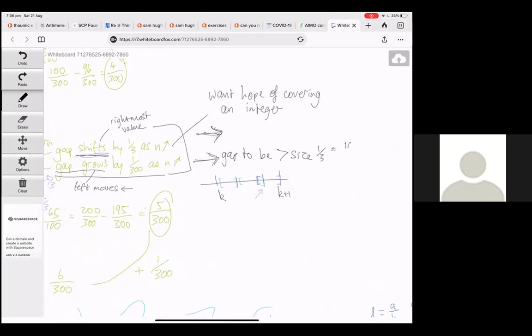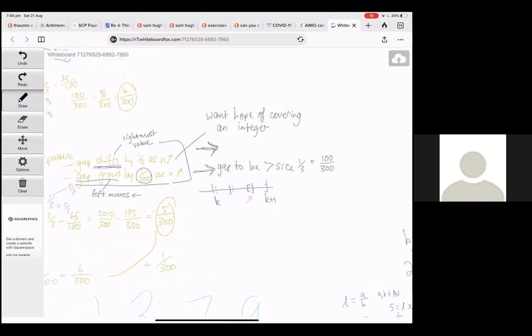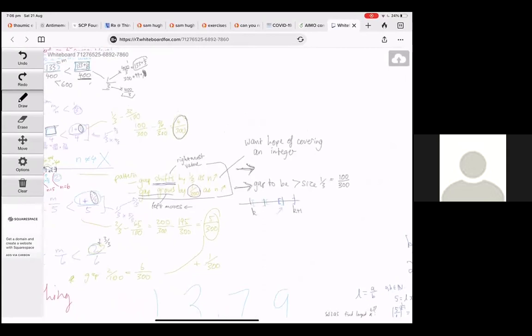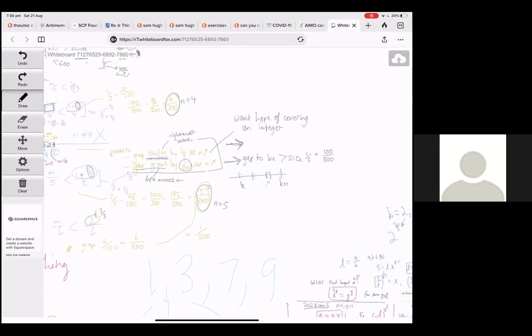And I'm going to write that in terms of 300ths, because I know that my gap grows by 1 on 300 each time. So if I started with a gap size of 4 on 300 when n was equal to 4, and then when n was equal to 5, I got a gap of 5 on 300, then the rule is basically that the gap is n on 300 for any given n.